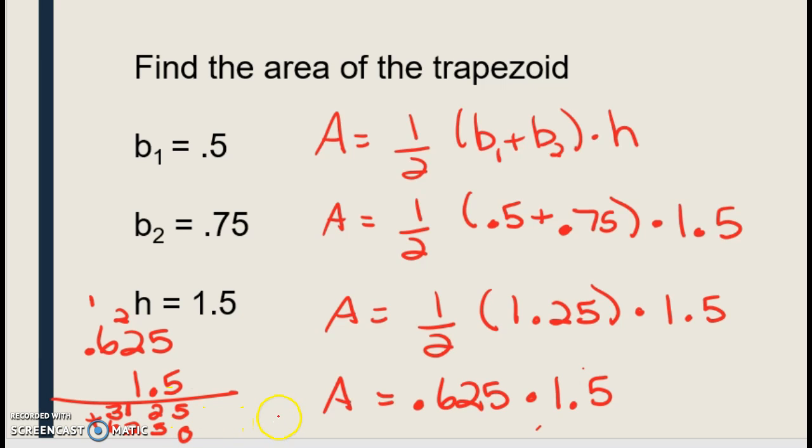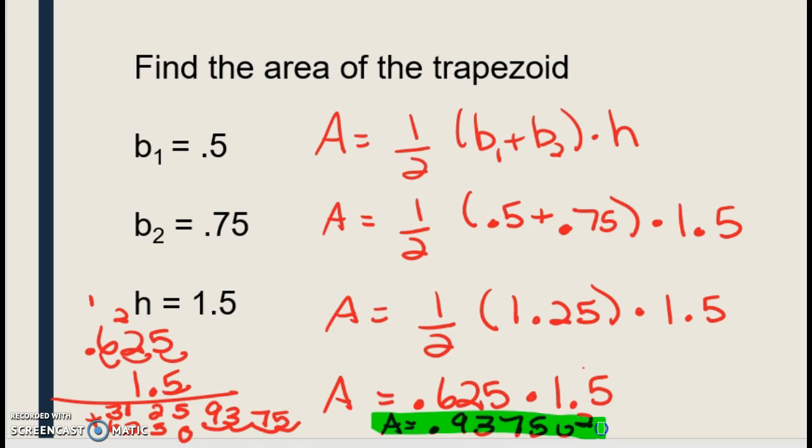Add them all up, you get 5, 7, 3, 9, and then you have 1, 2, 3, 4 spots behind. So our answer is going to be 0.9375 units squared. And I'll hide that one since that one's kind of hard to see.